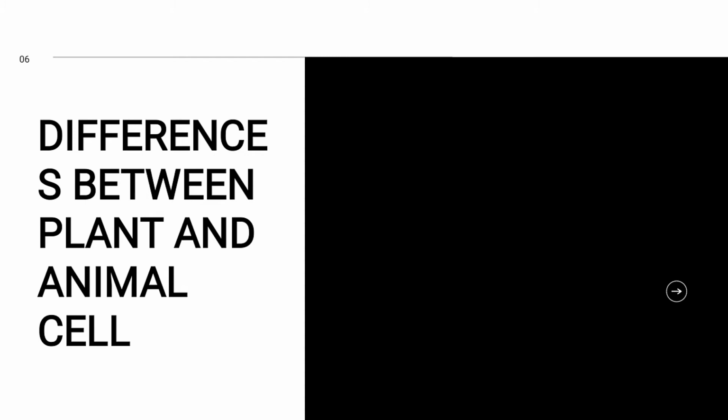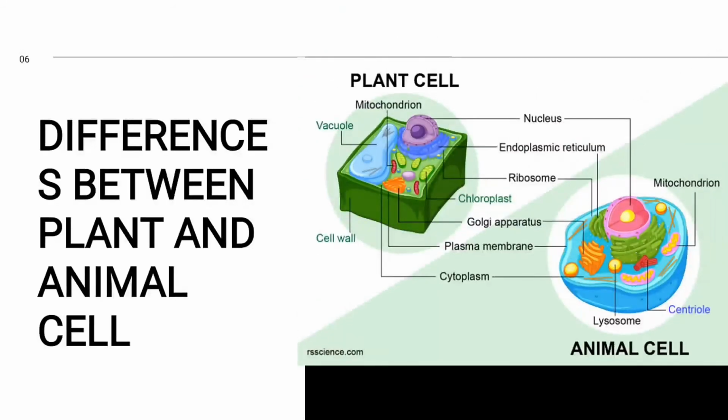Then I want to talk about the differences and similarities between plant and animal cells. What are the differences, and what are the things they have in common, which are the similarities between plant and animal cells? Now from the picture you've seen, we have the various components of the cell.